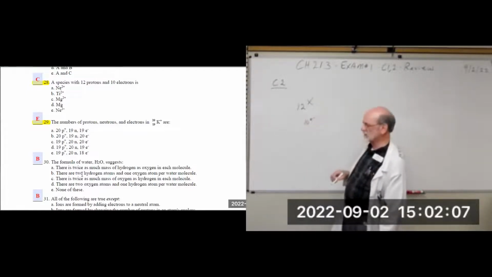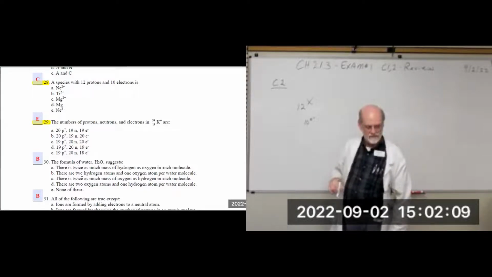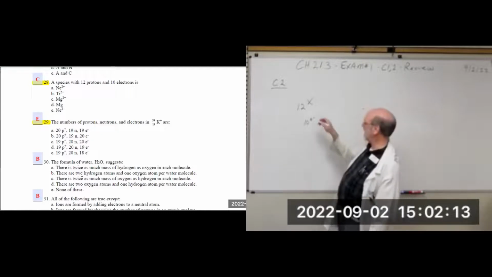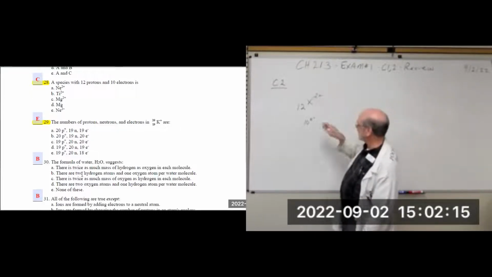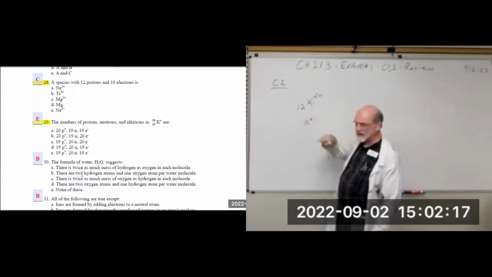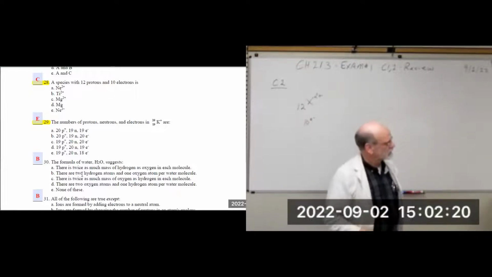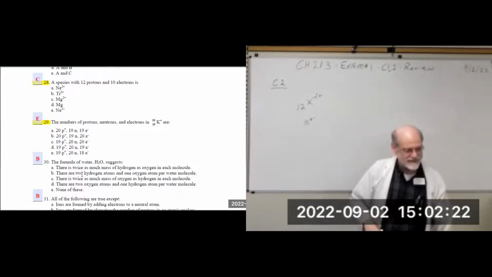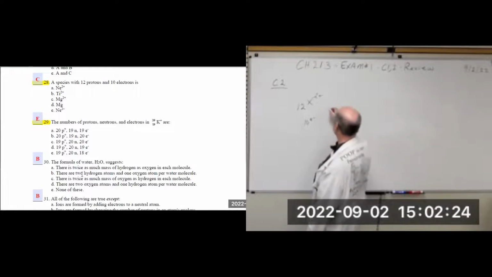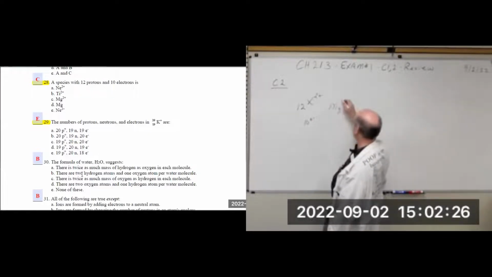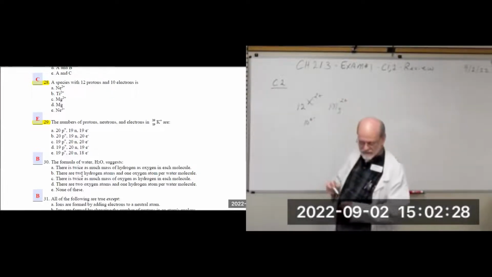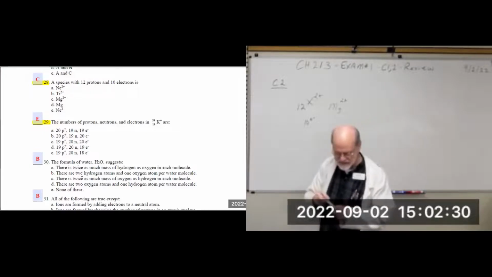So what's the charge going to be? Now we can figure out what that symbol is by 12. So what's 12? It's like magnesium, doesn't it? Yeah, magnesium. So magnesium 2 plus would answer that, which would be C.